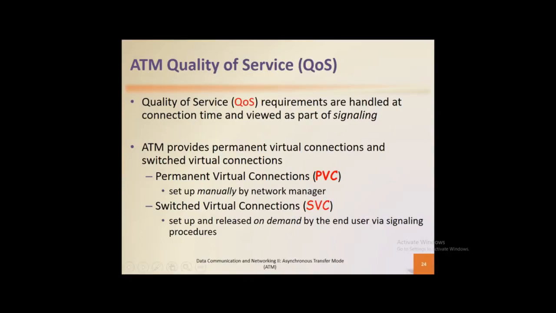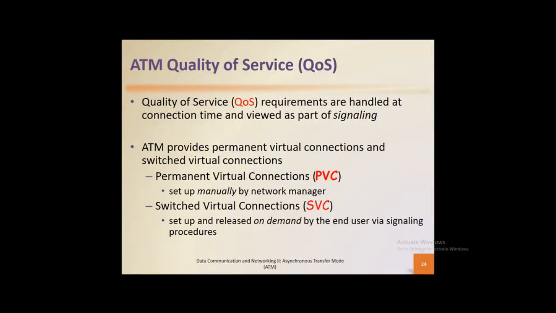Okay, so now we look at other challenges that go with ATM, of course, just like just about any other switching technology, in this case packet switching at its evolution stages.